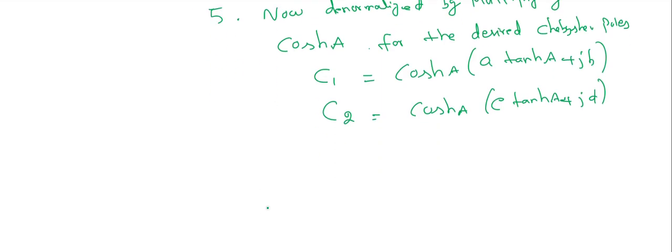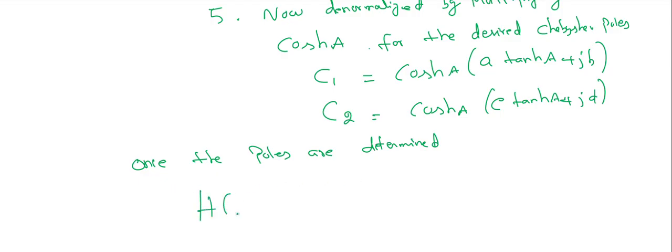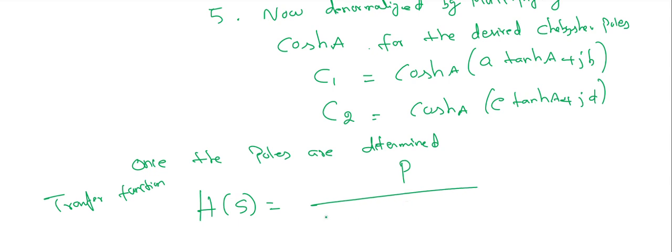Then once the poles are determined, we can find the analog transfer function H of s equal to P divided by (s plus c1)(s plus c2)(s plus c3), and there we go.